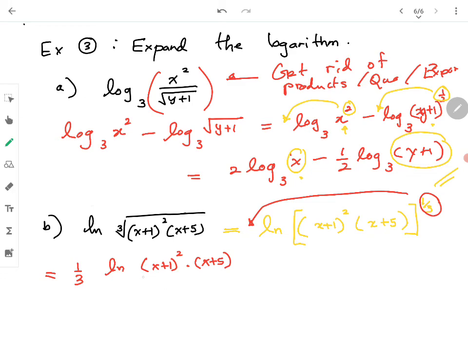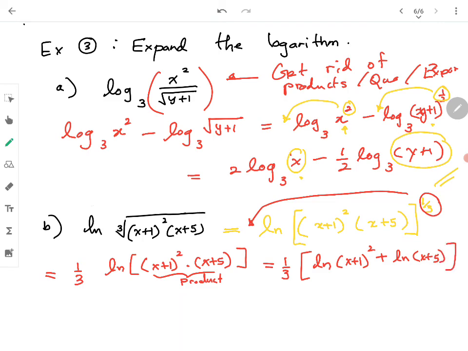And we are not done yet because inside the natural log we still have a product. So one third is in front, then the product can be written as two terms using the product rule. You can write it as a sum, and then we can distribute the one third.